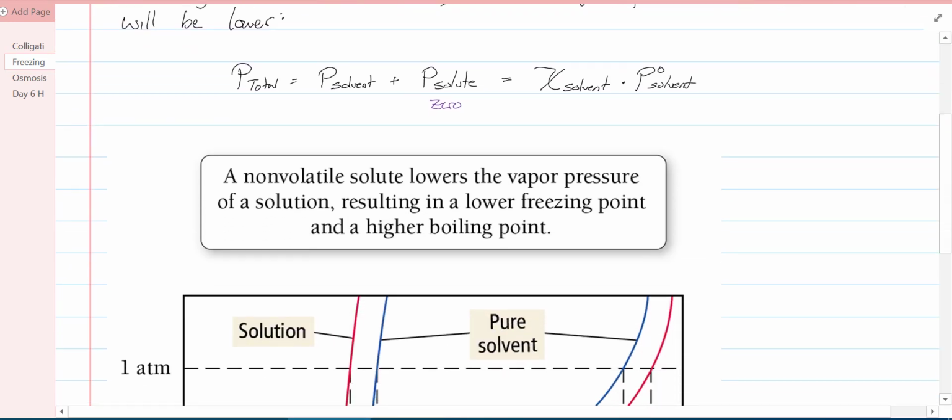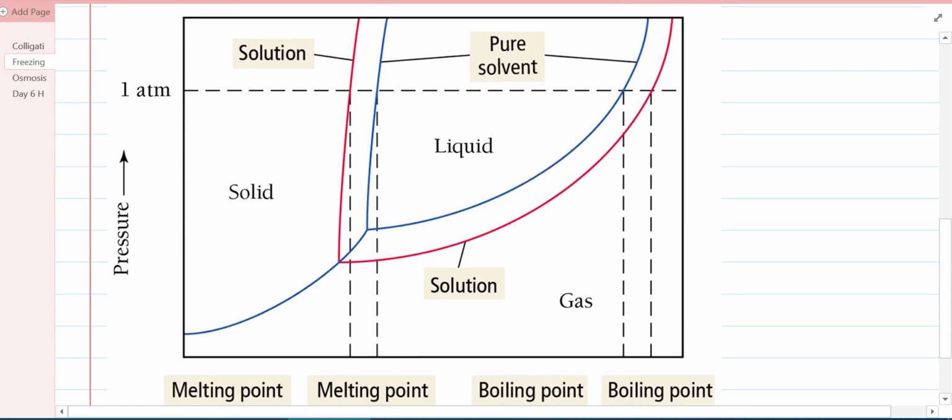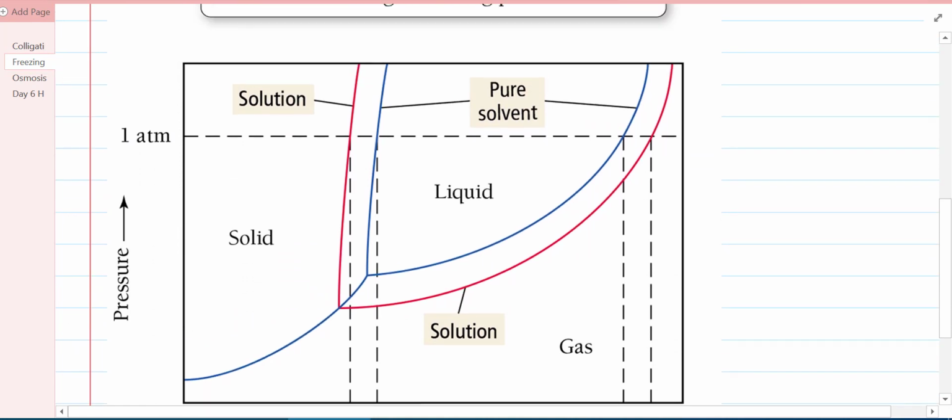All right, so what happens? Here's a picture. Here in blue, and I'll highlight it first, this is the pure substance, right?